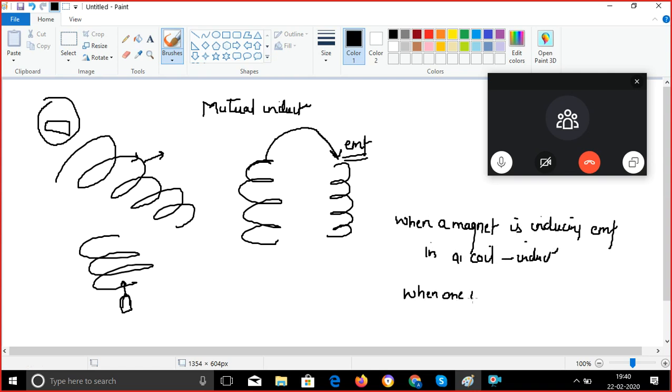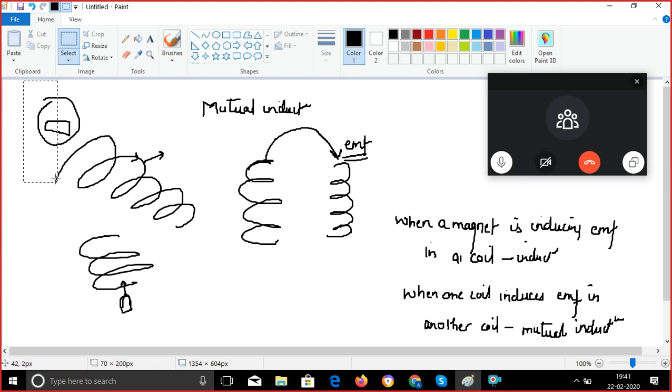When one coil induces EMF in another coil, that is known as mutual induction. So the transformer works on the principle of mutual induction.